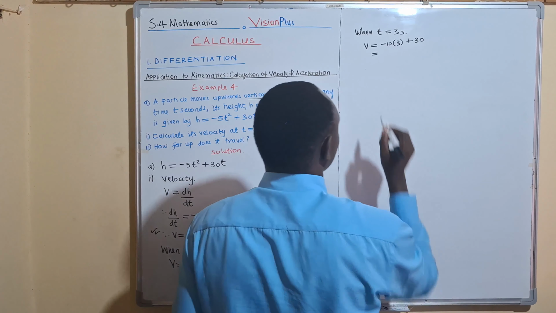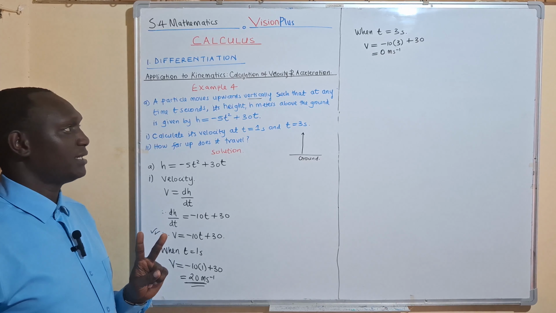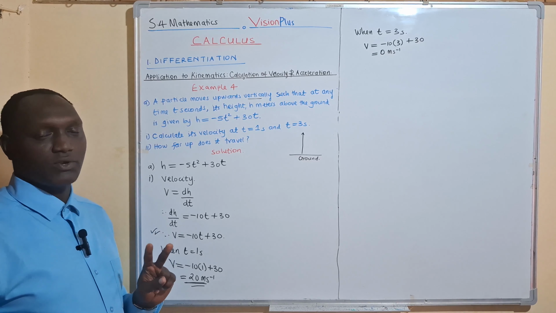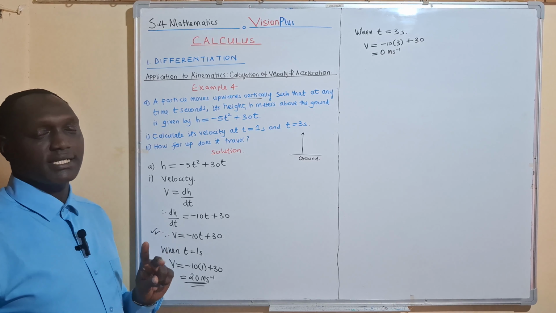What does it mean when the velocity is 0? It has two implications. One, either the particle has reached the maximum height, or the particle has come back to the initial position of projection. It has come back to the ground.